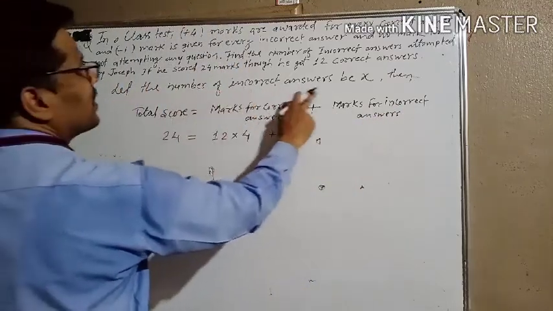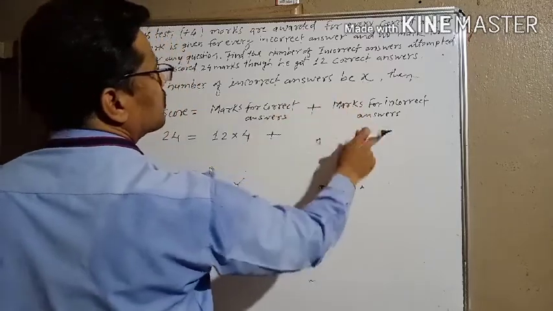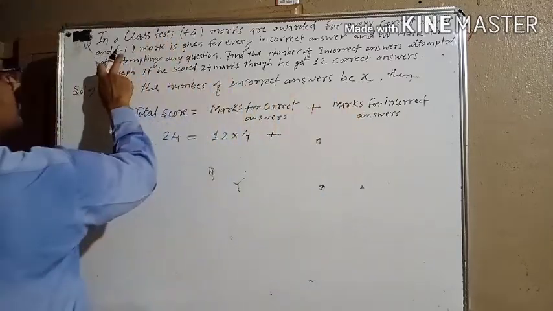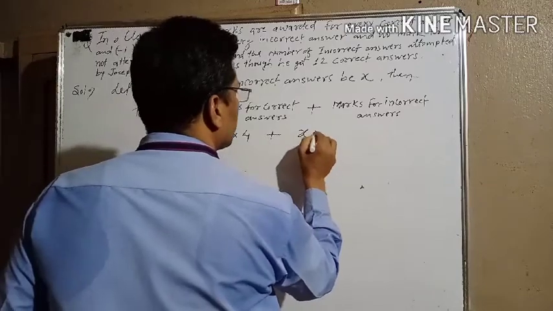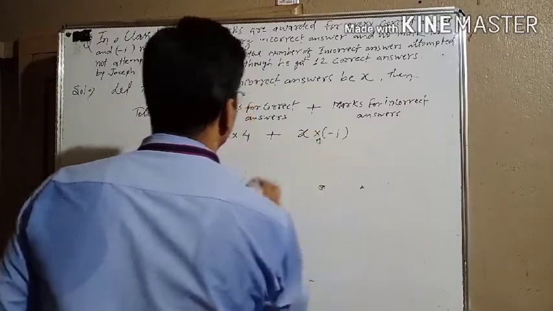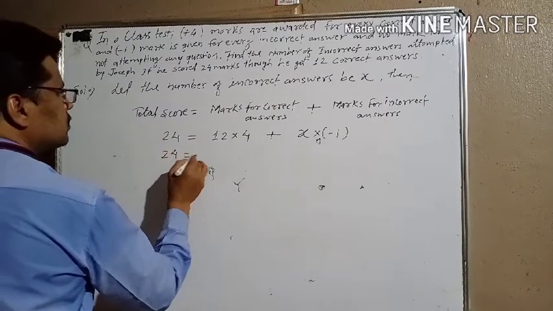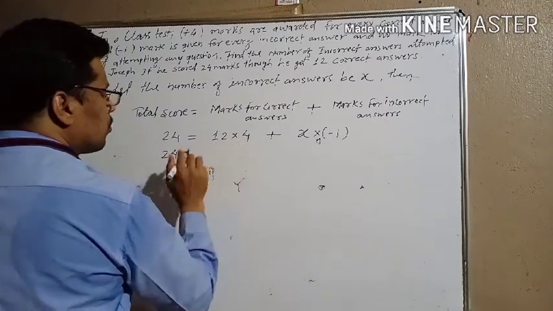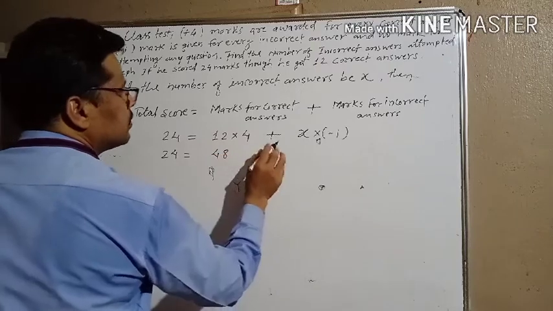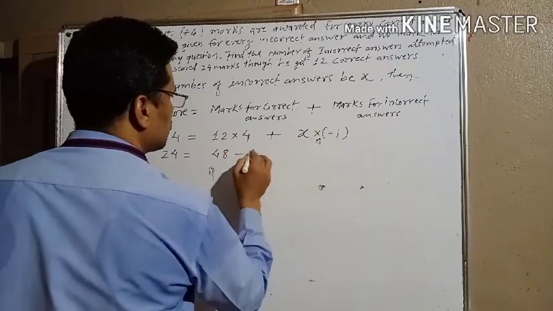Let the number of incorrect answers be x and marks awarded for incorrect answer is minus 1. We can write here x into minus 1. So we can solve this expression. This 24 will come and it is 12 fours are 48 plus minus x.